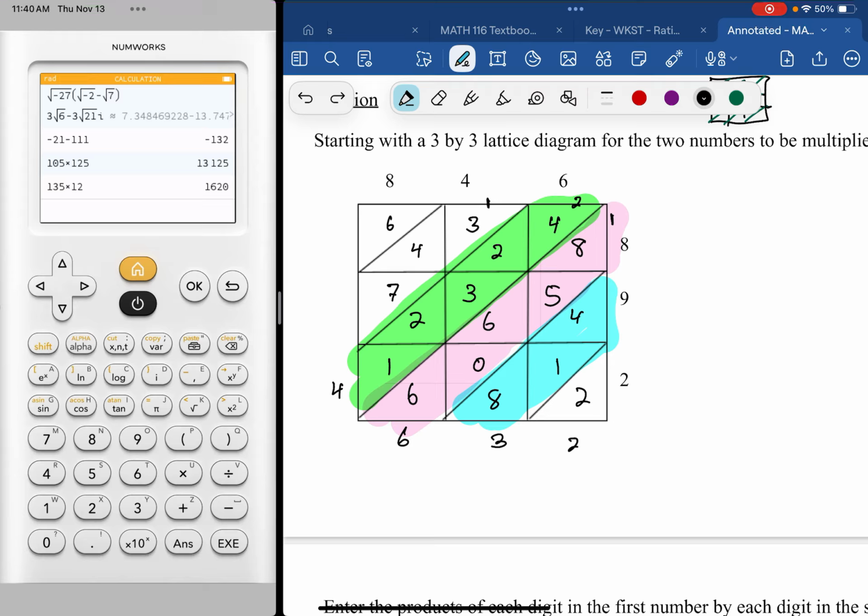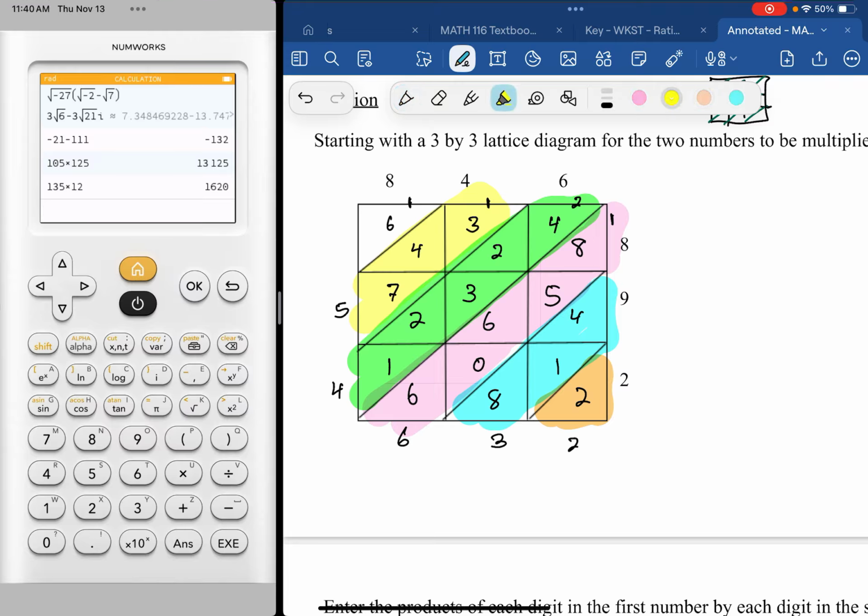Carry the 1. Let's get another color in here. So that looks like 15. 7 plus 4 is 11, plus 3 is 14, plus 1 is 15.